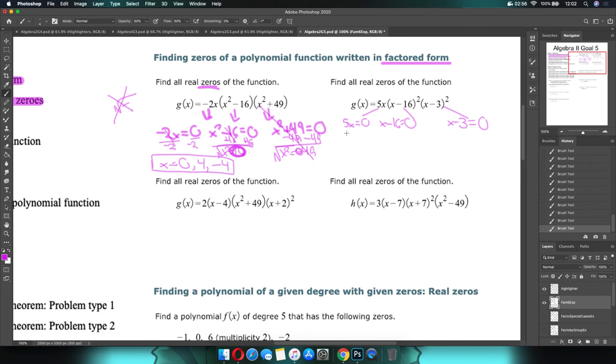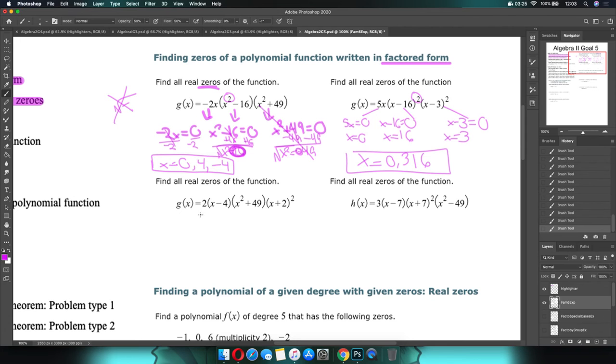So x equals 0, and then add 16, x equals 16, add 3 to both sides, so x equals 3. There's our list: 0, 3, and 16. So that one was actually pitifully simple. The reason why this one was simple is your exponents were outside. The previous one required thought because your exponents were inside. So don't let those squares fool you, okay?